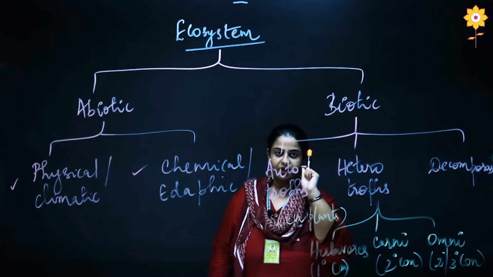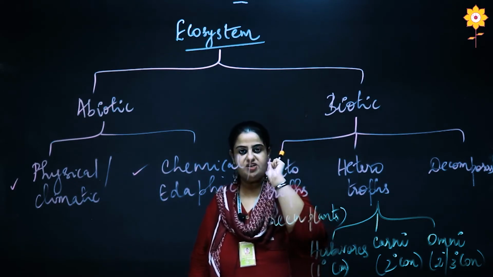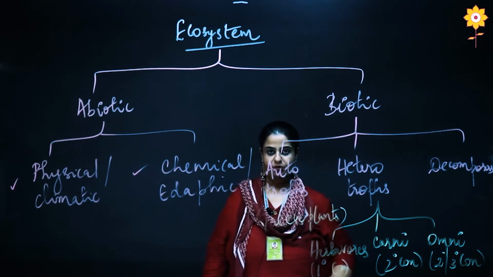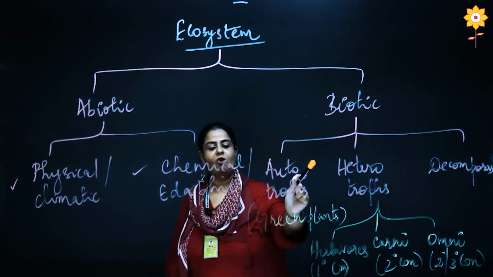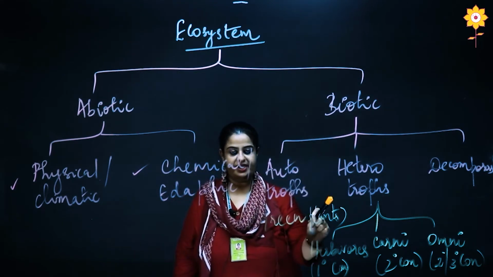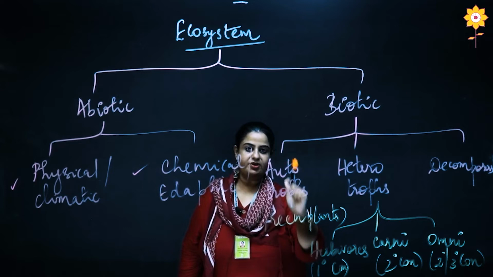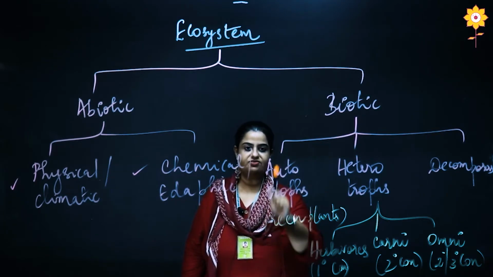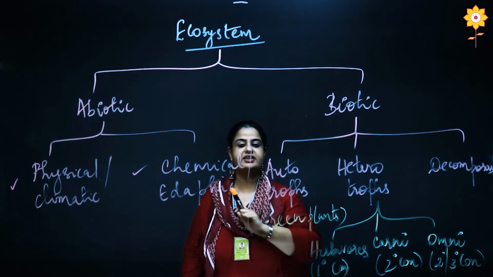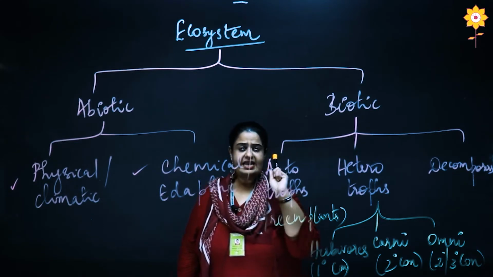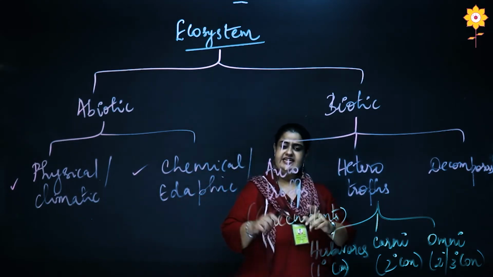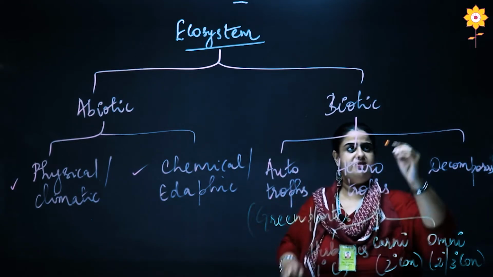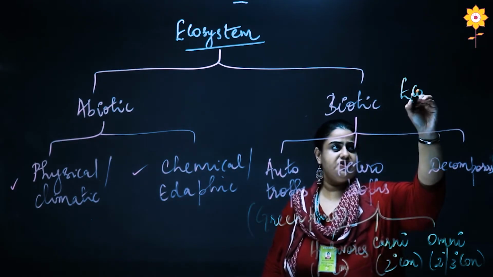I hope the classification or the structure by which an ecosystem survives or exists is very much clear. The single most important point should be the focus: the interaction between abiotic and biotic components. Though they are classified, all are interconnected with one another, and only then will there be flow of energy and nutrients, which is the basis of life in the ecosystem or the biosphere. Now, the branch of science that deals with the study of ecosystem is what we call ecology.